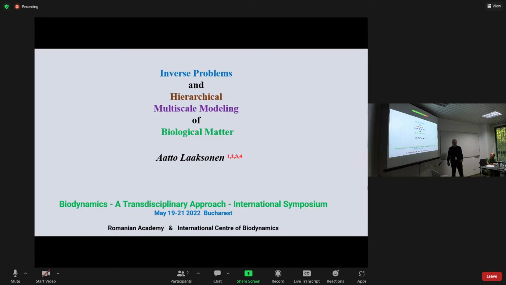Then I will focus on hierarchies in biomolecular structures, and then I will introduce a method we developed in our group, which is quite general, but I will show examples of how to use it to study biological matter.